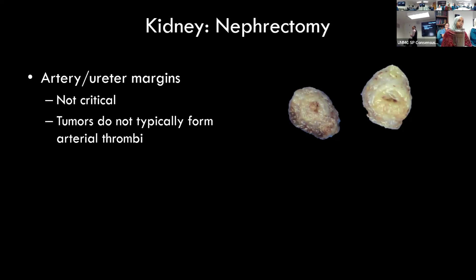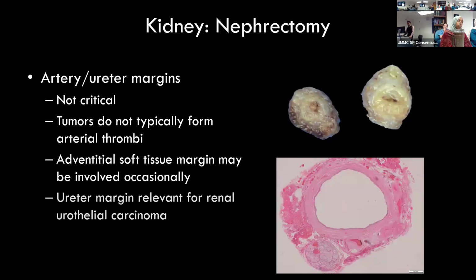In those cases it's important, but typically only for urothelial carcinoma is this margin critical. Here's an example where you find a ureter margin, and then adventitially you find renal cell cancer involvement.